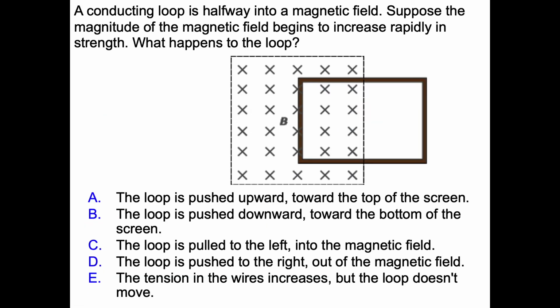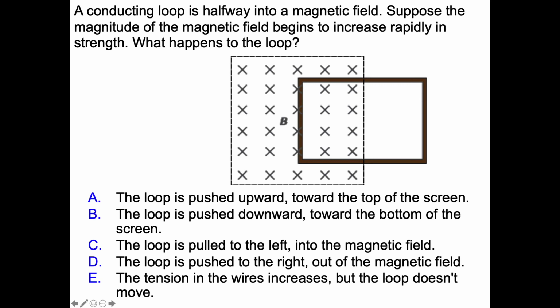Let's do one like this first. So we have a conducting loop halfway into the magnetic field. Suppose the magnitude of the magnetic field begins to increase rapidly in strength. What happens to the loop? Is it increasing or decreasing?